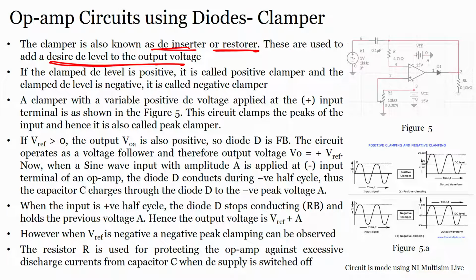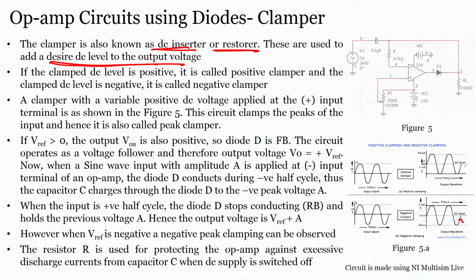If the clamped DC level is positive, it is called a positive clamper, and if the clamped DC level is negative, it is called a negative clamper. Whatever the output voltage is, if you want to add a DC level to it, it can add it and give us the new output voltage with the desired DC level added.